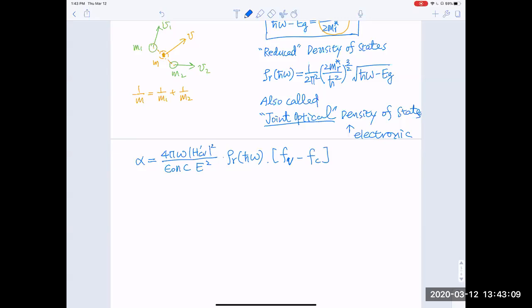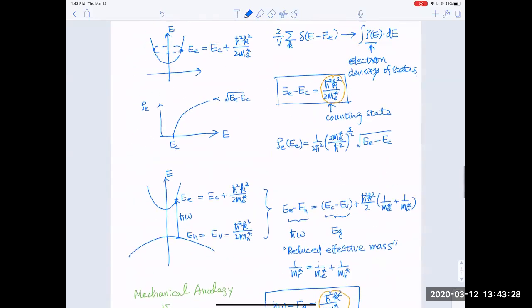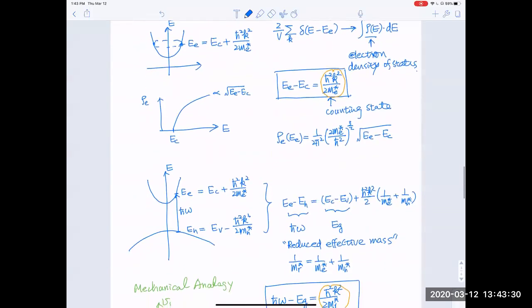Let me see, there is a question. I'm not sure whether m_e star is the same for all the energy levels in the conduction band. Yes, so the question is: is m_e star constant?